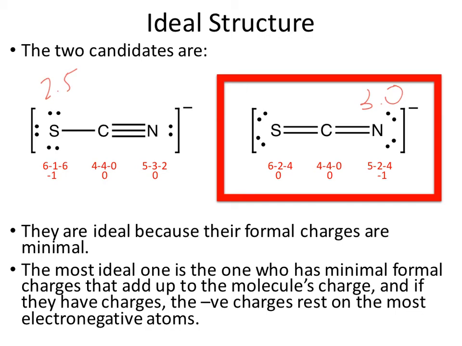So when we look at this, we want to have that negative charge on the most electronegative atom. Remember what electronegativity means. It's the ability to pull a negative charge to it, aka electrons. So in this case, it will be more stable with that atom that wants to have that negative charge. And in this case, the nitrogen beats out the sulfur, and therefore this is going to be our most stable and most favorable structure.